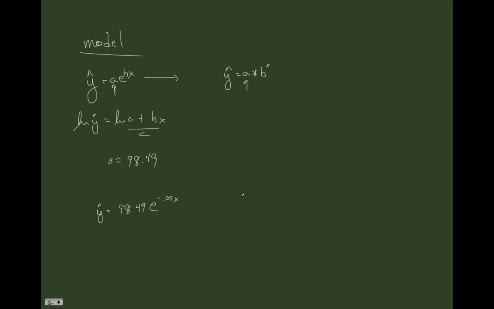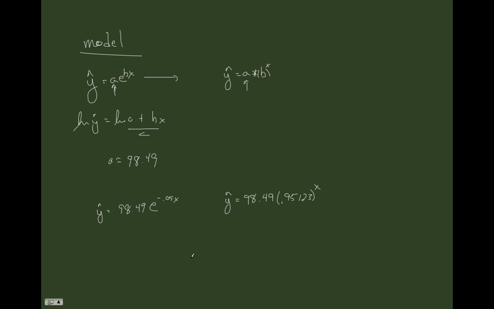And the calculator has y hat equal to 98.49 times their b value, which is 0.95123 approximately, I think. And that's raised to the x power this way. That's because the b here is being exponentiated.